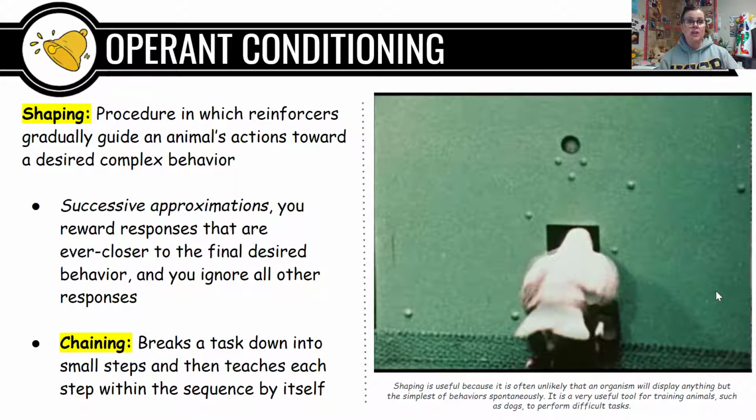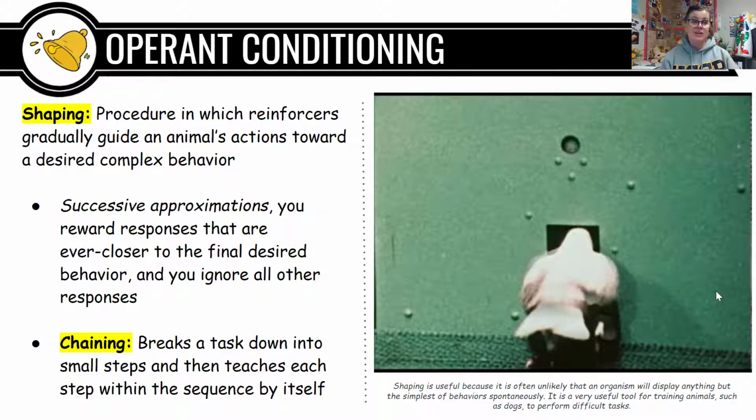You've got to reward things constantly, in successive approximations, so you do it continually to get that final desired behavior. And you have to completely ignore the behavior that you don't want to reinforce.